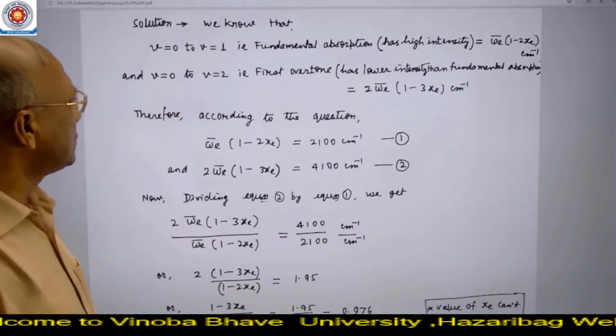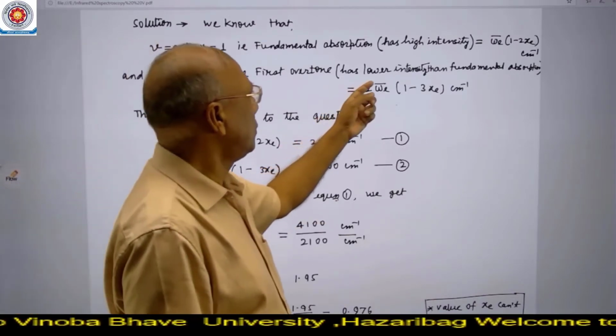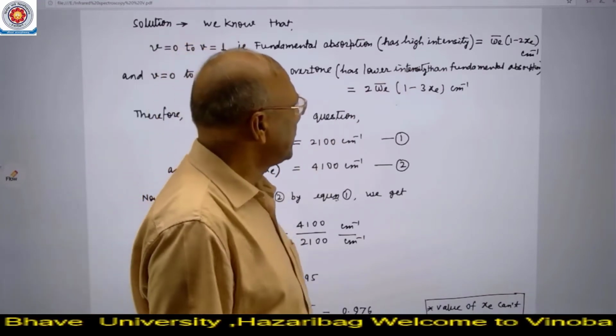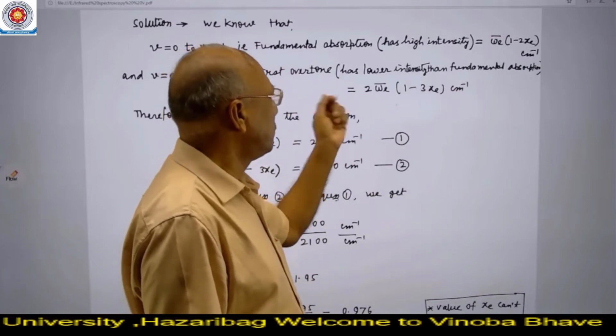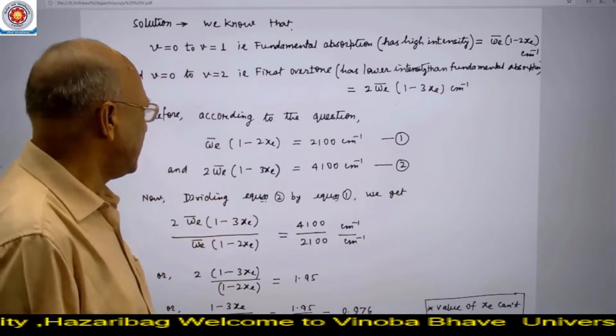The transition from V equal to 0 to V equal to 2 is called the first overtone, and it has somewhat lower intensity than the fundamental absorption, and its value is 2 omega E bar into 1 minus 3xe per centimeter.